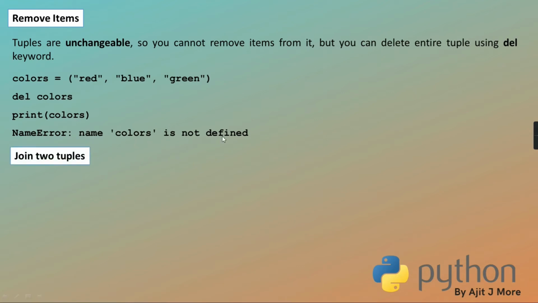Okay? Then joining two tuples. This is exactly the same as a list. If you want to concatenate two tuples one after another, like after one tuple I want another tuple, you can just directly use the plus operator. It will create a new tuple in which elements of the first tuple will be there, followed by the second tuple.